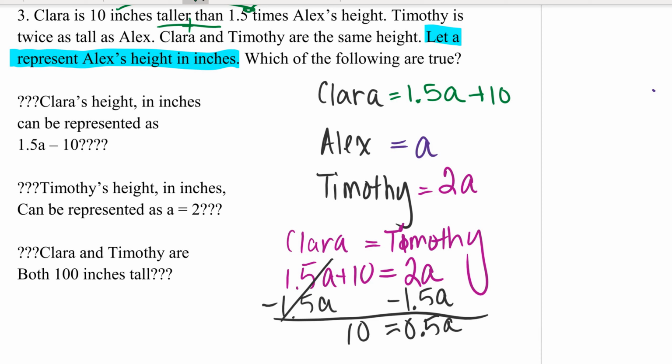So that means I'm going to divide both sides by 0.5. 10 divided by 0.5. Put a decimal at the end and a couple of zeros. I'm going to move the decimal one place in. So 5 can go into 10 2 times. But I still have a 0 there. So that's 0. So A is 20.